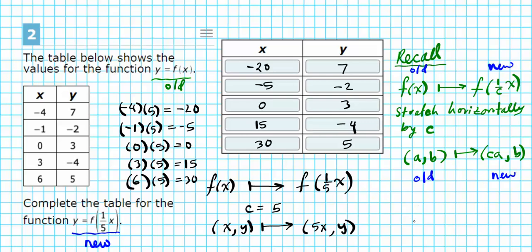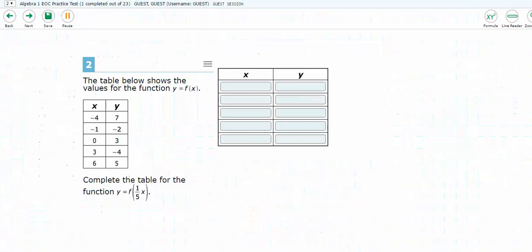Okay, so let's go back to the computer program. When you're entering your answers in the computer-based test, you just click and then enter your responses. The first one was -20. The next one you multiply by 5, that was -5. The next one was 0. Next one was 15, and the other one was 30.